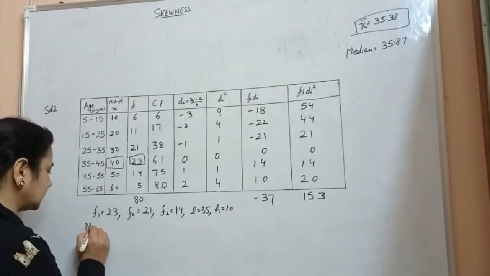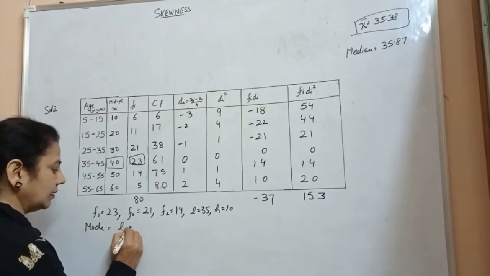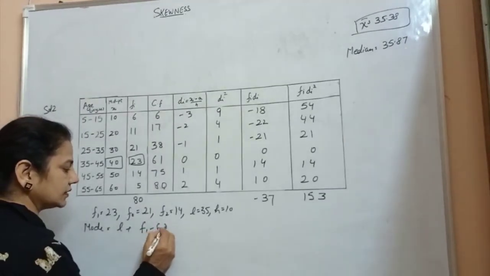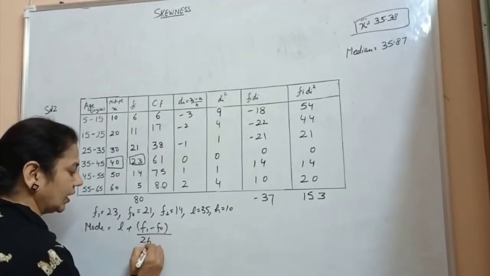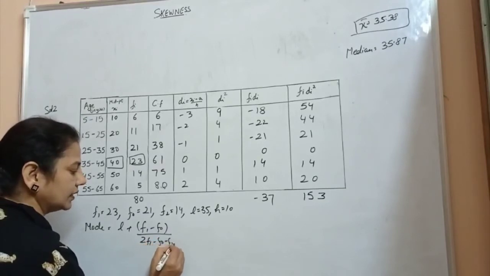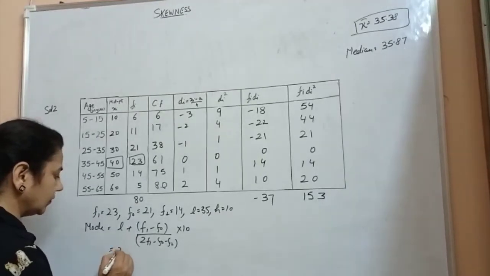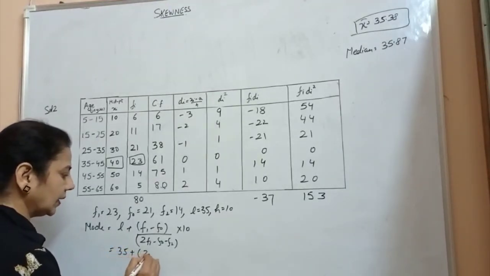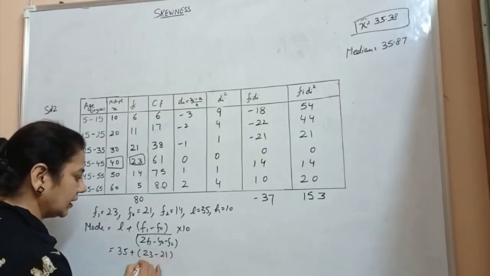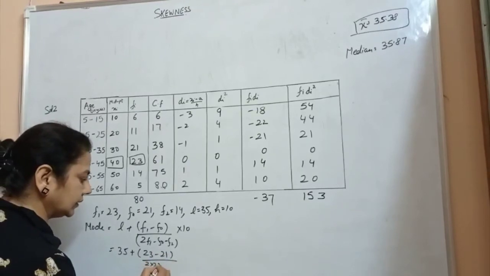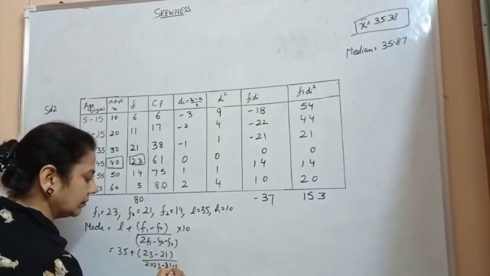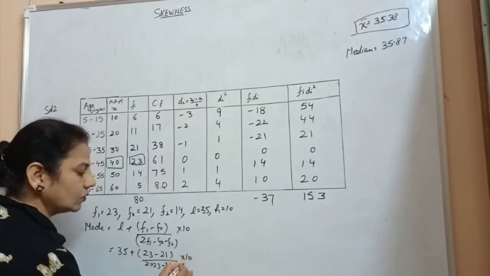The formula for the mode is L plus f1 minus f0 divided by 2f1 minus f0 minus f2 into h. Substitute the values: 35 plus 23 minus 21 upon 2 into 23 minus 21 minus 14 into h.